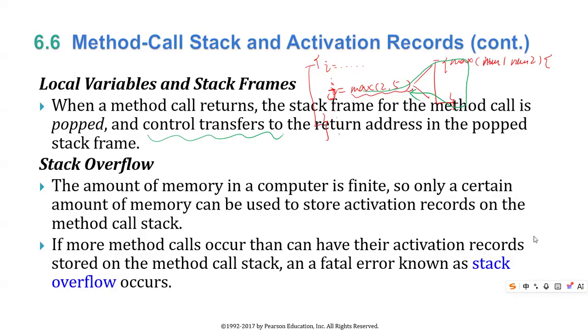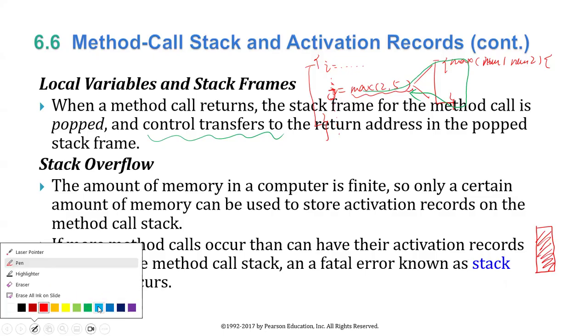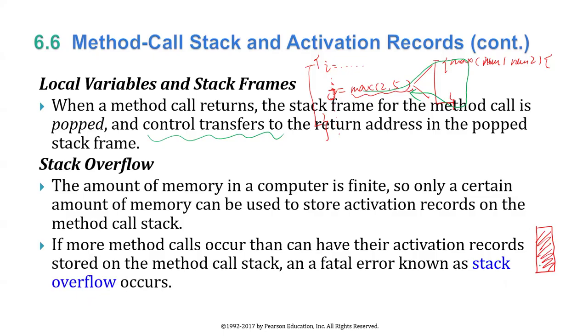For example, this is the memory of my computer, right? Currently, I may have a lot of programs or methods. So this is a frame, this is a frame, this is a frame, this is a frame, and this is a frame.